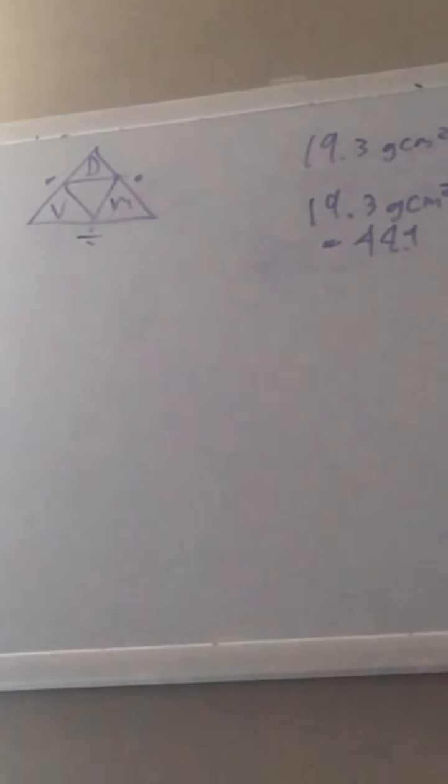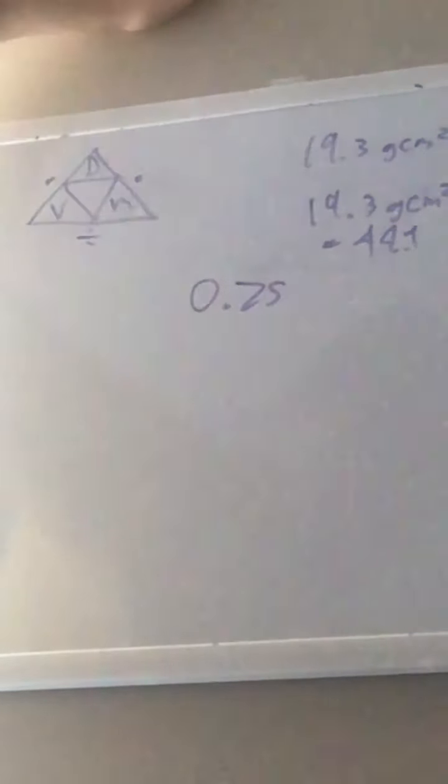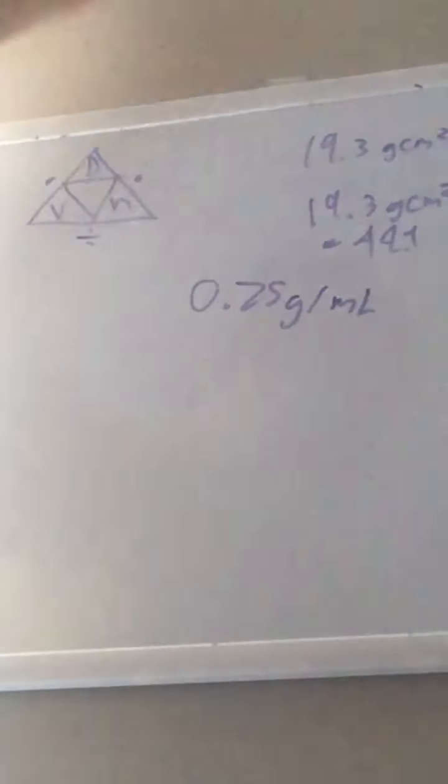Alright, let's try one more problem. Isopropyl alcohol is a liquid with a density of 0.75 grams per centimeter squared. Or, since it's a liquid, grams per milliliter.